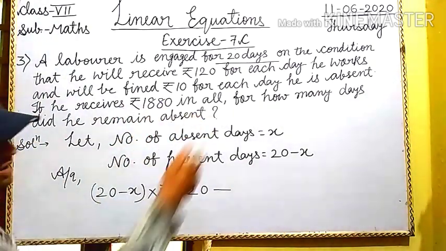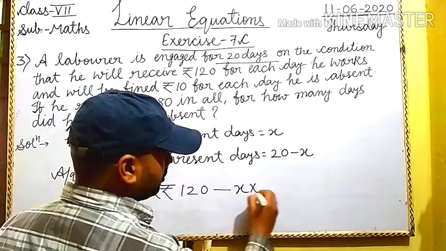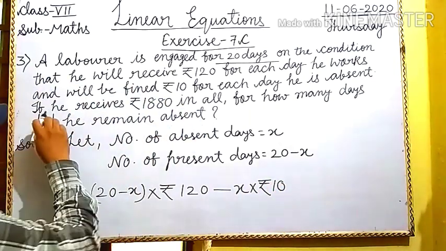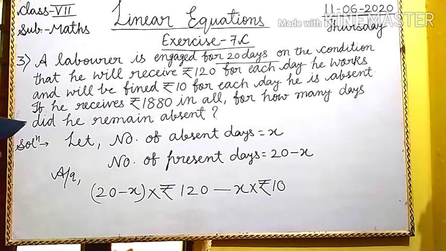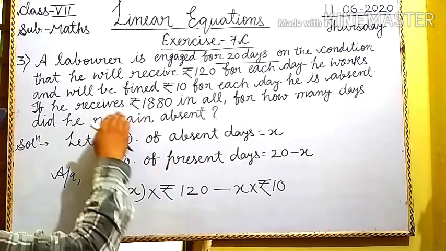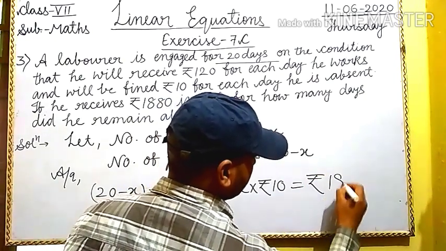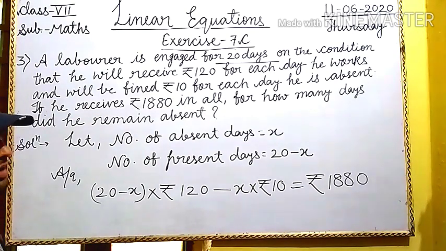So for the absent days, x into 10 rupees. If he receives 1880 rupees in all. Is it clear?